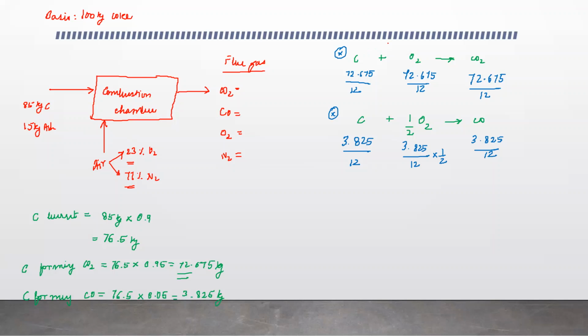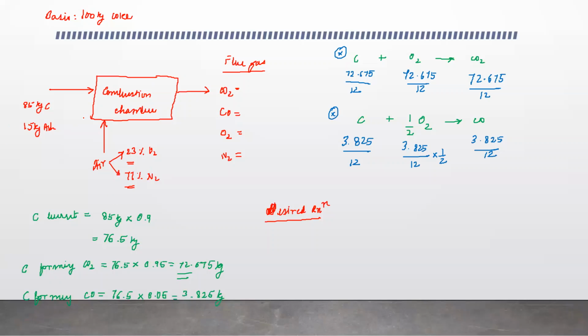Now, some of the carbon is burning to form carbon monoxide, some of the carbon is not burning. That's a different thing. But what we want is that the combustion should be 100% complete. That is the desired reaction. So always remember, whenever you are doing combustion problems, you must know the desired reaction, because there are so many reactions that most students get confused about what the desired reaction is. There is only one desired reaction in most cases.